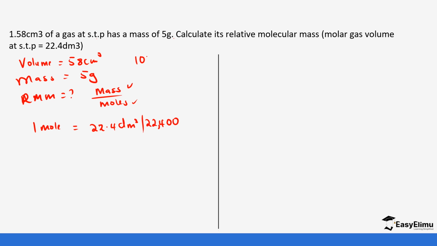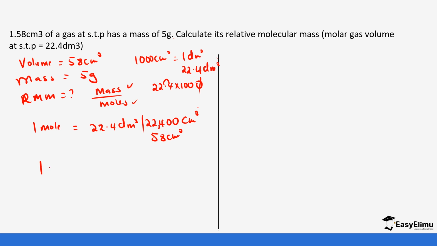Remember, 1,000 centimeters cubed makes 1 dm cubed. So we multiply 22.4 times 1,000, which gives us 22,400 centimeters cubed. So what about 58 centimeters cubed?